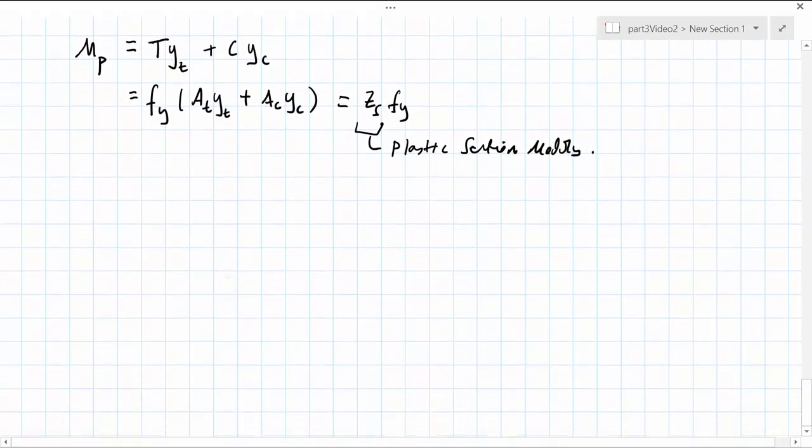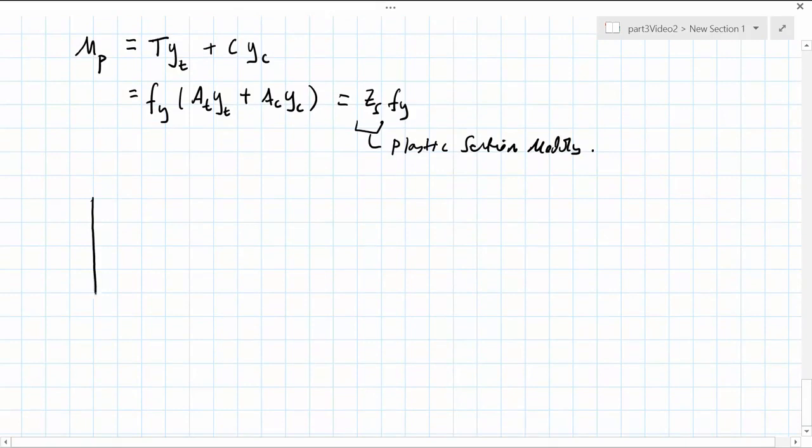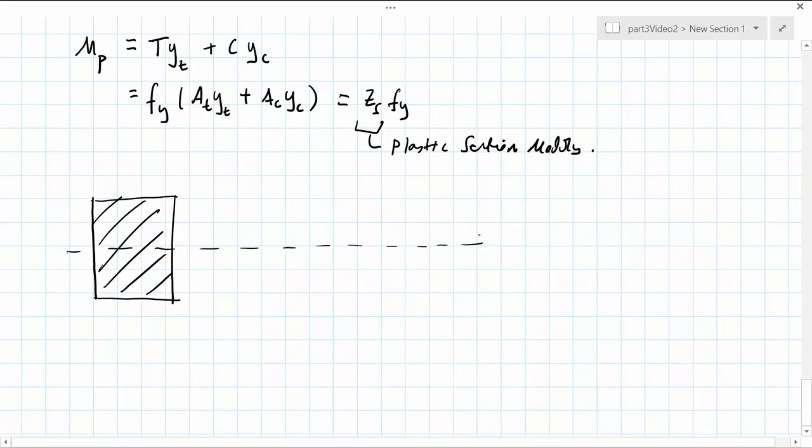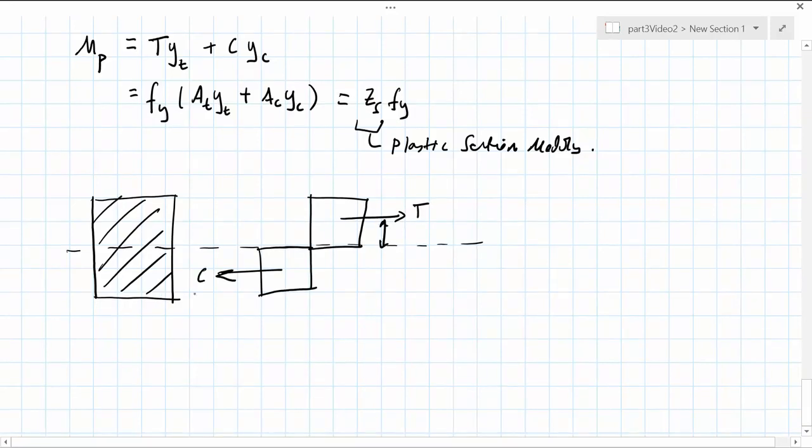For example, for a rectangular cross-section, we then draw the corresponding stress distribution at full yield, and we note the distance of both the tensile and compressive components from what we call the plastic neutral axis is given by d over 4.